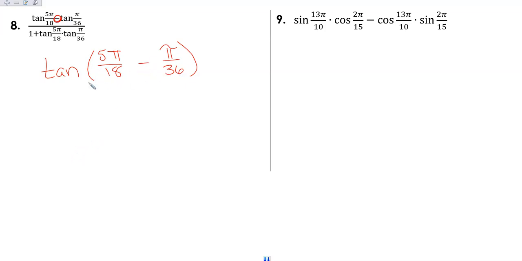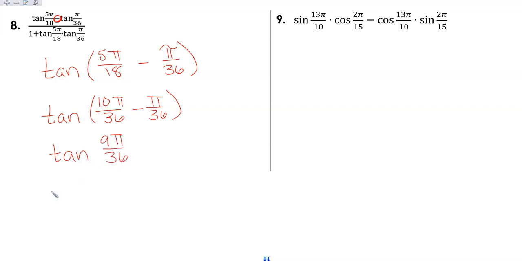I can't combine these into one term because they have different denominators, so we're going to multiply the first term top and bottom by 2 so that this is 10 pi over 36 minus pi over 36. That is going to give me 9 pi over 36, which is going to reduce to pi over 4. And the tangent at pi over 4 is just 1.